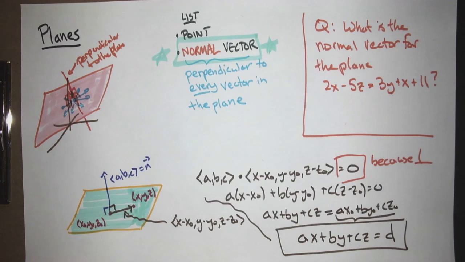Now, there's a misleading word here, but that's okay. We'll fix that in a minute. Can we find this normal vector?